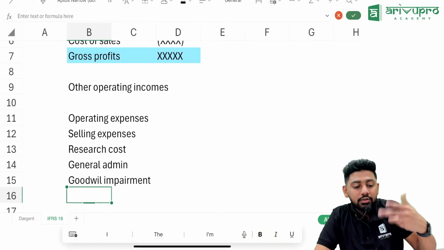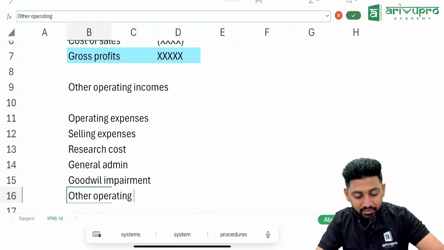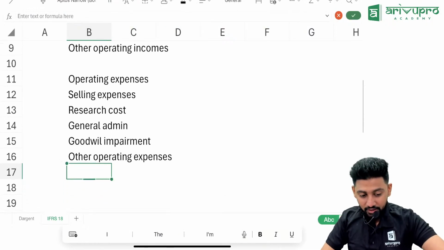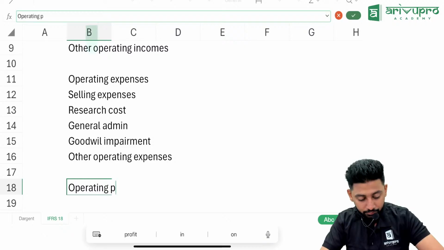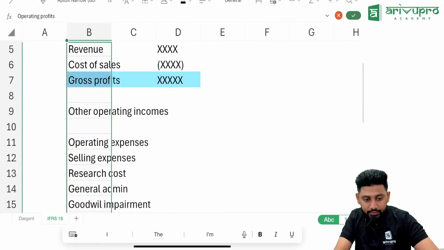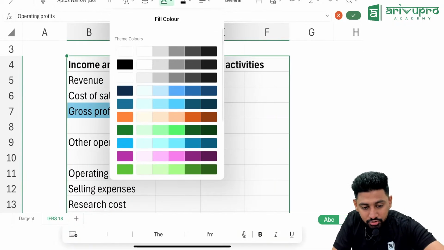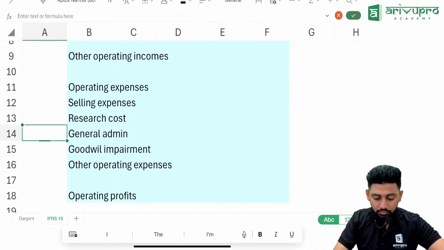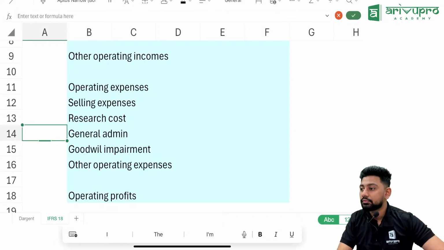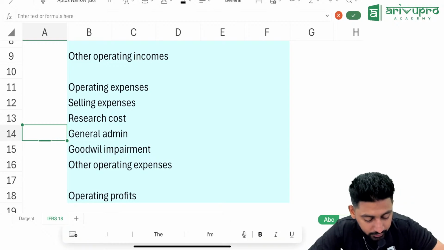And for any other operating expenses, in the exam your examiner will say how to classify it. Once I'm done with this, I'm going to show my operating profits. For operating income and expenses, we are showing it separately. This is my operating structure. All this is a part of my operating heading. Are we clear?